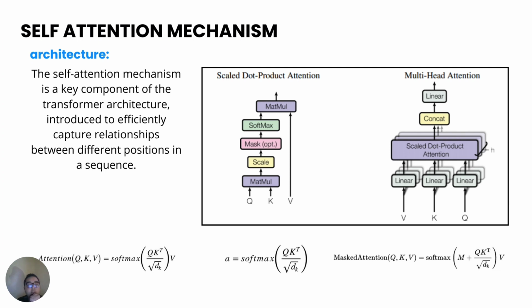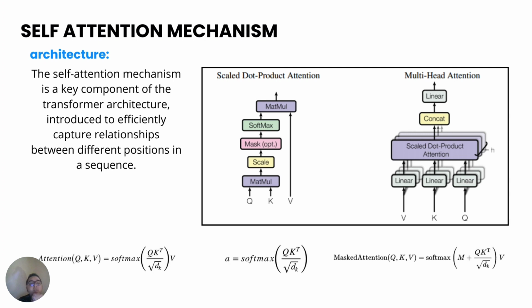The attention equals softmax of QK transpose divided by the square root of d_k, where d_k is the dimensionality of the vector k, all multiplied by V. As you can see, the attention makes a weighted sum of values, and the weight is the a that you can see in the next formula. The a is the weight.